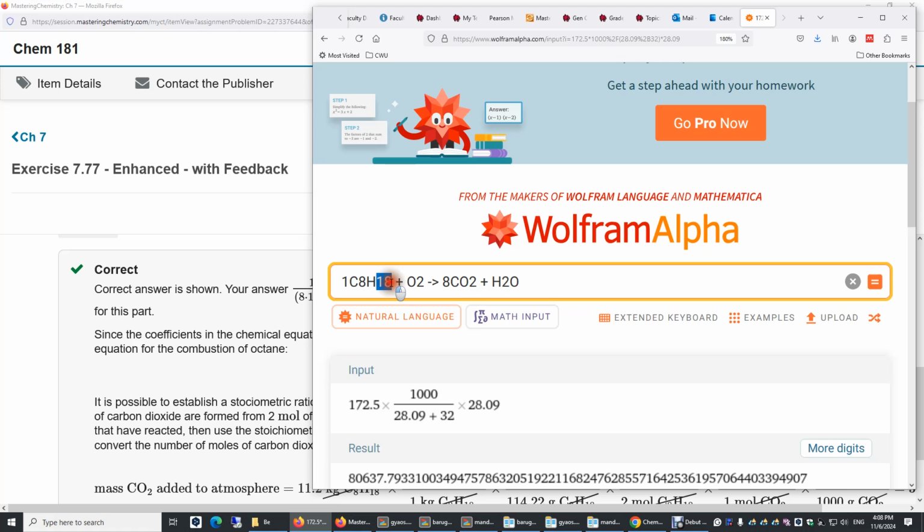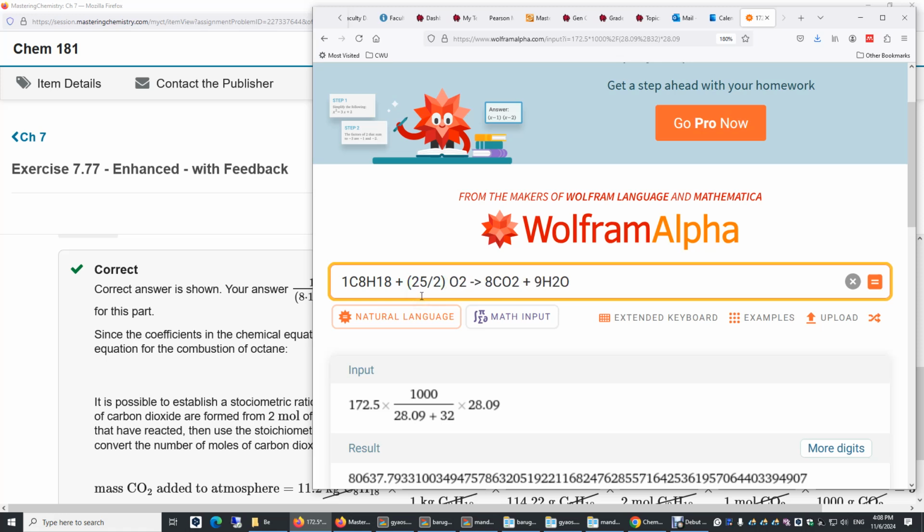And I know there are 18 hydrogen atoms on the left, so this has got to be 9. 9 times 2 is 18. I have only 1 more coefficient to decide. There are 16 oxygen atoms here, 9 oxygen atoms there, so 16 plus 9 is 25. Here we need 25 oxygen atoms, so 25 divided by 2.